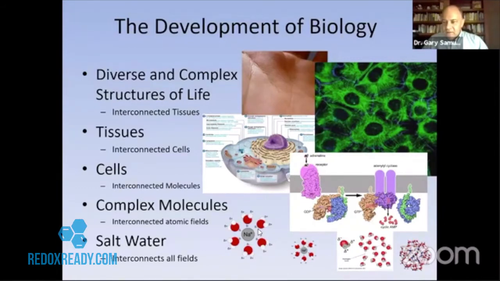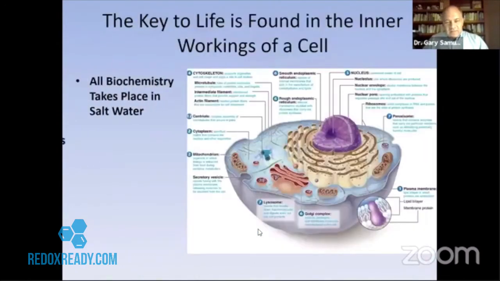Everything in biochemistry takes place in salt and water. And the salt and water also becomes oxidized and reduced. That's what they call redox, reduction oxidation technologies, and it causes all of the things inside the cell to work.